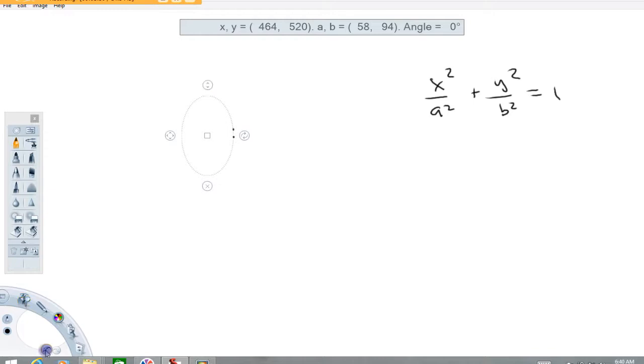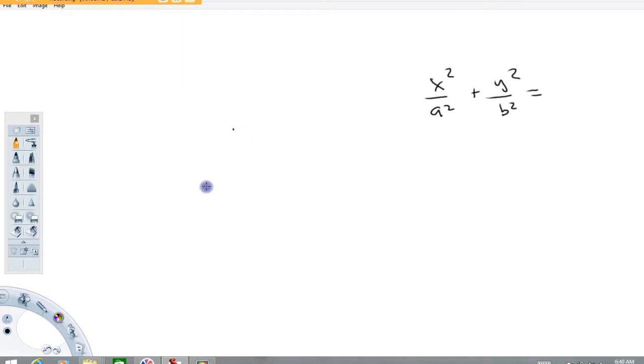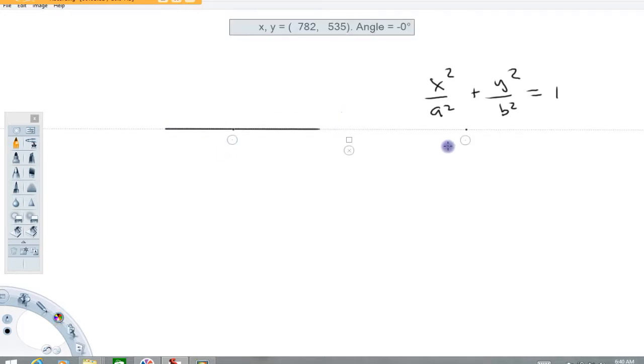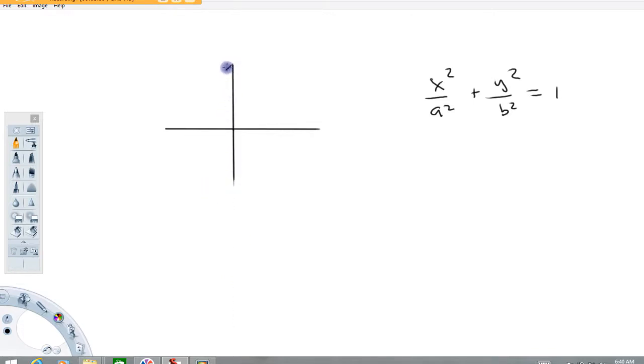All right, so I'm going to go through some examples of sketching graphs of ellipses. I'm going to go ahead and put a coordinate system here. I'm just going to sketch quick sketches, and we're going to look at some examples.